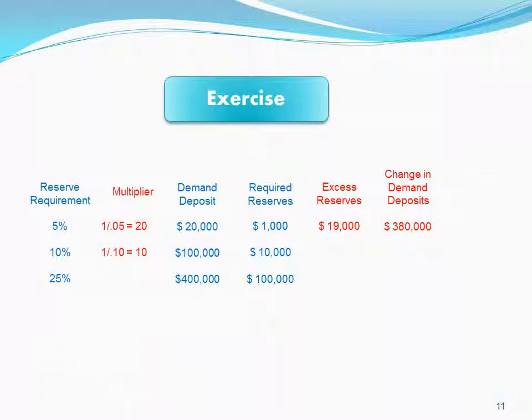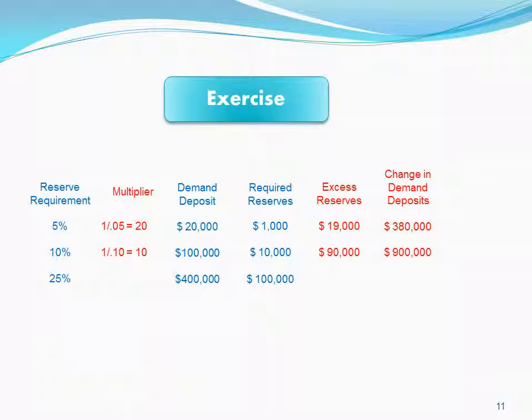Reserve requirement of 10% gives us a multiplier of 10. Demand deposit of 100,000 would have to then set aside 10% or 10,000, and the remaining 90,000 would be excess reserves. That could be subject to a multiplier of 10.